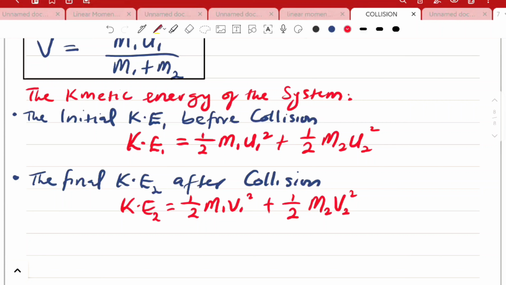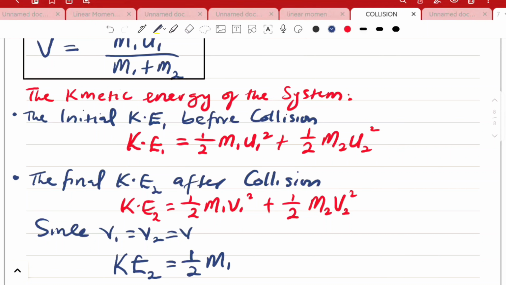Is that clear? Now, if you observe from the equation above, we said that V1 and V2 are the same. So we can now say boldly that V1 is equal to V2 and is equal to V. So let's substitute. KE2 will equal 1 over 2 M1 V squared plus 1 over 2 M2 V squared.